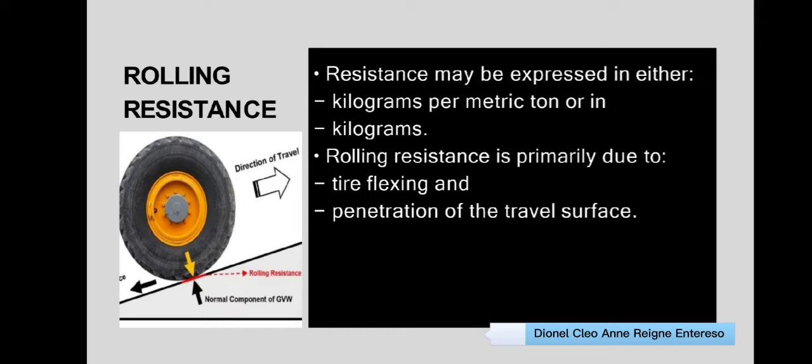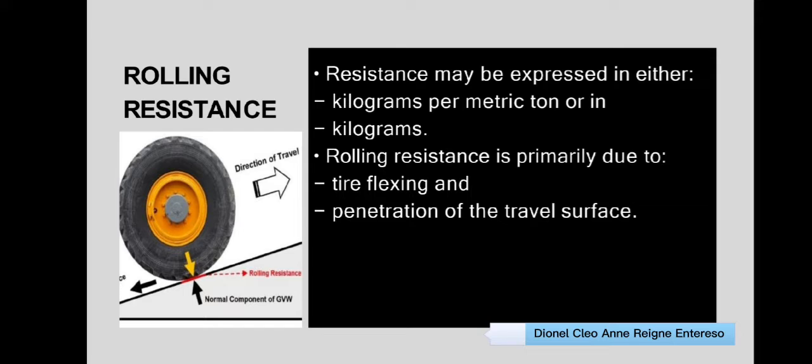Then, the rolling resistance is primarily due to tire flexing. The sidewalls of a tire flex as it travels down the road, which ultimately produces heat. If the tire has sufficient air pressure to support the weight of the vehicle and its cargo, the heat generated by the flexing sidewalls is negligible and does not harm the tire.